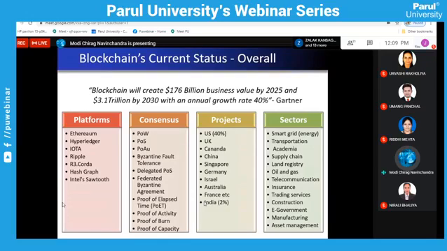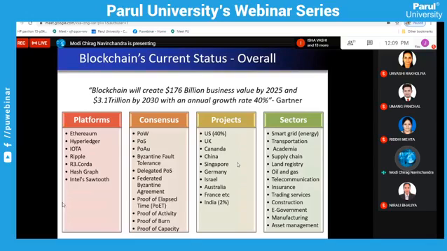And these are the various platforms available all over the world. These are the consensus mechanisms which we have seen. If you see the projects, the US is dominating. As per the literature, the US is dominating the blockchain market, meaning they have a lot of projects, around 40% of the projects on blockchain.